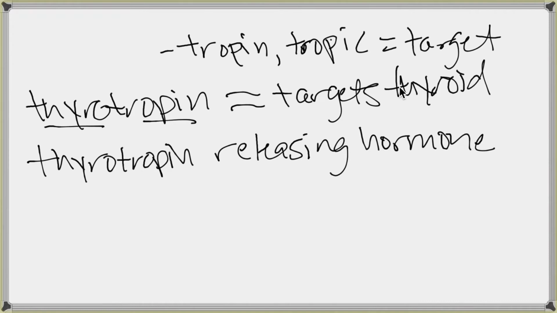It means you are going to cause the release of a thyrotropin. So it doesn't mean it's going to the thyroid, it means it's going to cause the release of something that is going to the thyroid. Thyrotropin is targeting the thyroid. Thyrotropin releasing hormone is going to cause the release of something that's targeting the thyroid, okay?